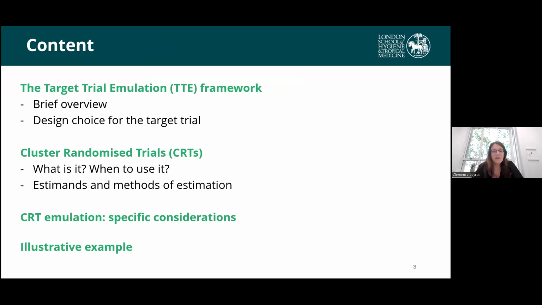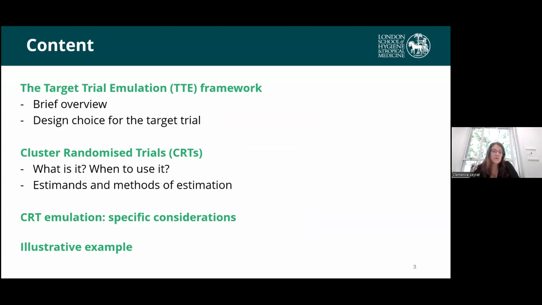Just to give you a brief overview of the content of the presentation, I will start by talking about the target trial emulation framework. I know in this seminar series, there have been a lot of presentations on this topic, so I will try to focus only on the aspects relevant for what I will talk about after.